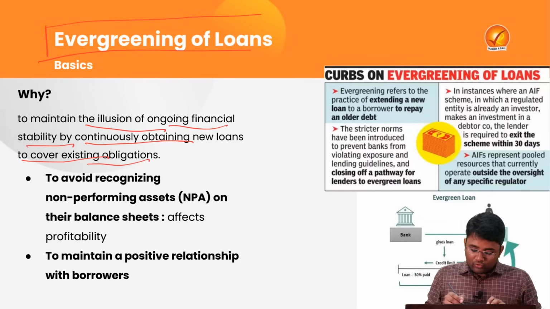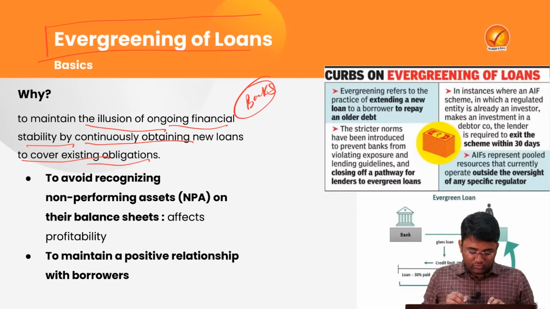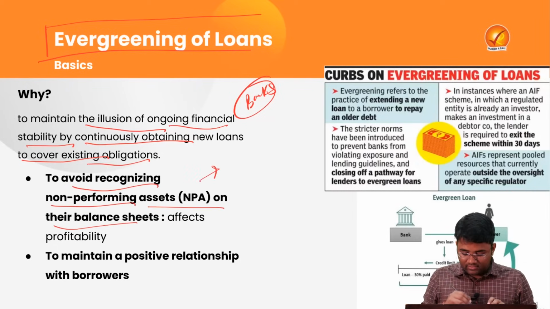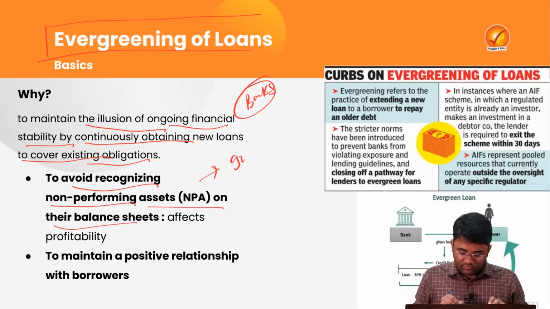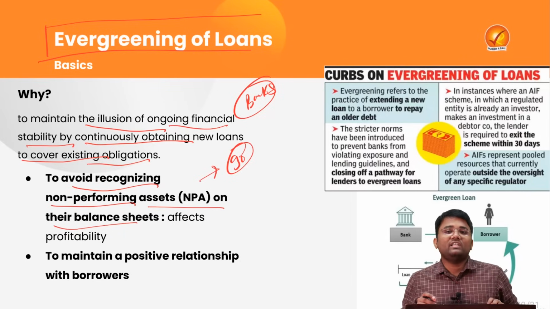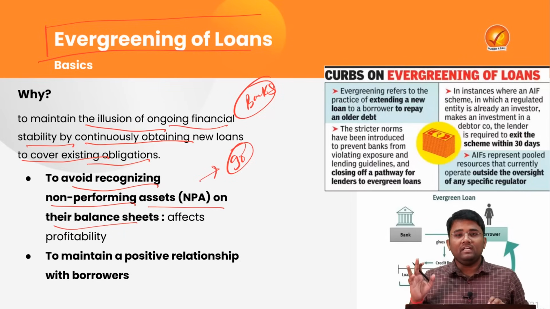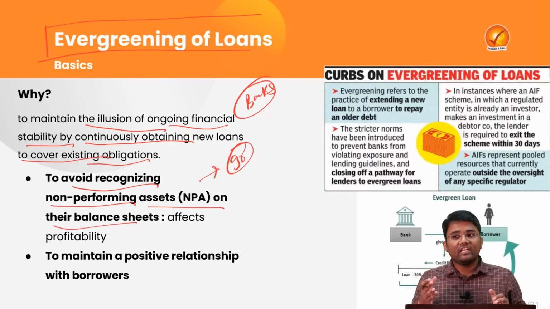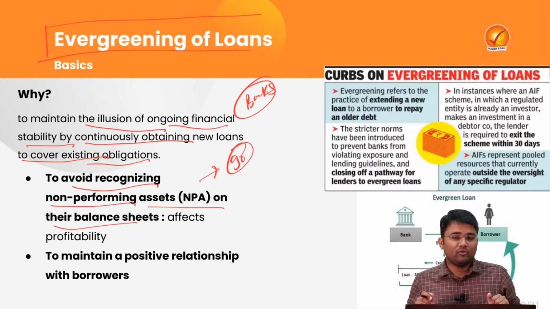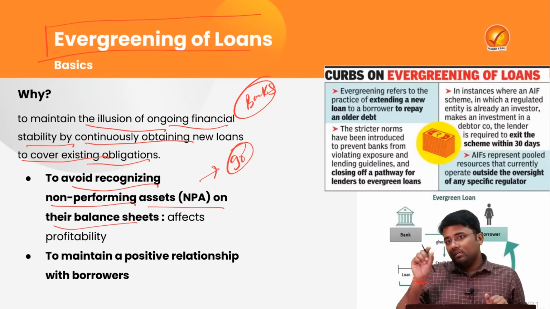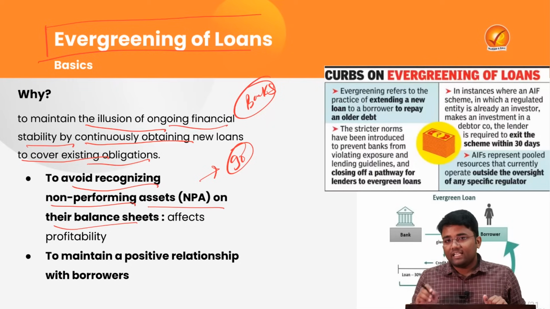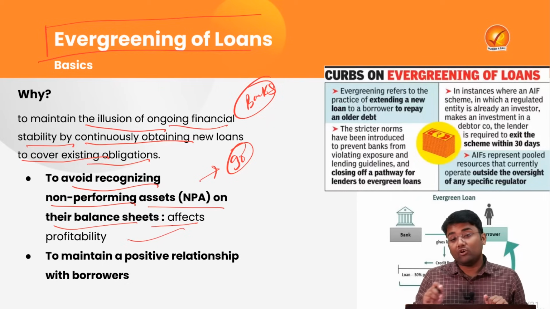Banks do this evergreening of loans to avoid recognizing non-performing assets on their balance sheets. NPAs are loans where the principal or the interest amount is pending for more than 90 days. If a loan is not being repaid, it will be categorized under NPAs, and that will hamper the profitability of the banks.